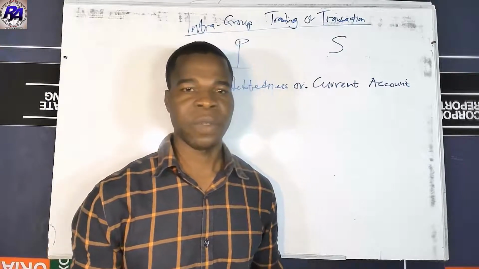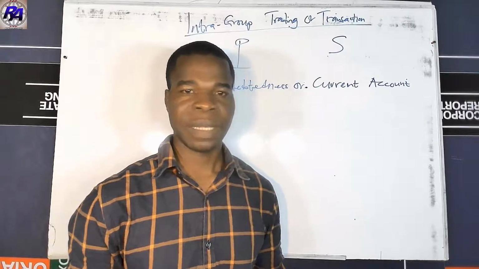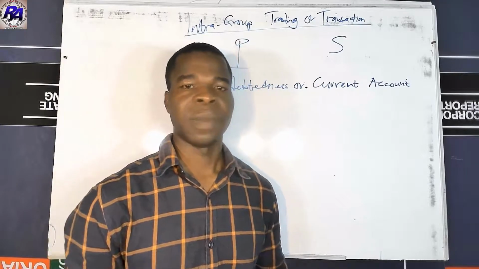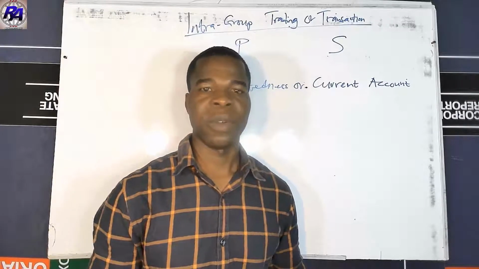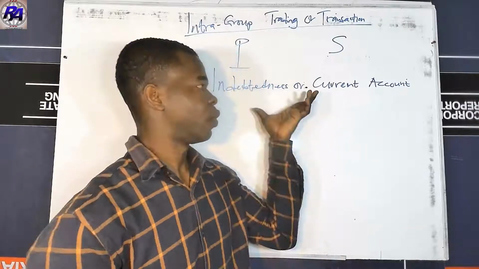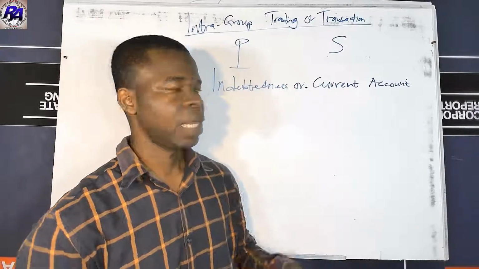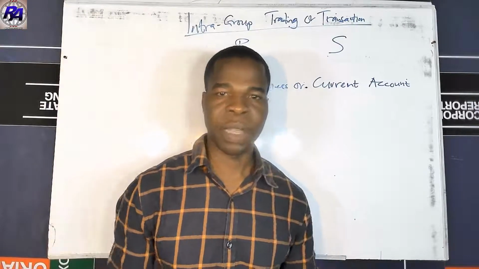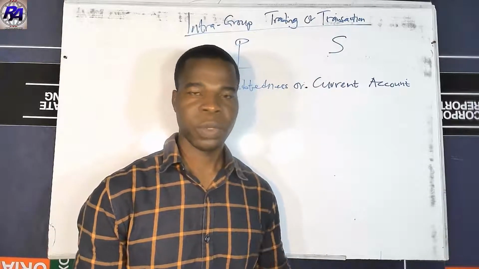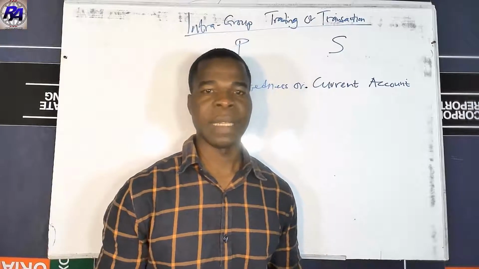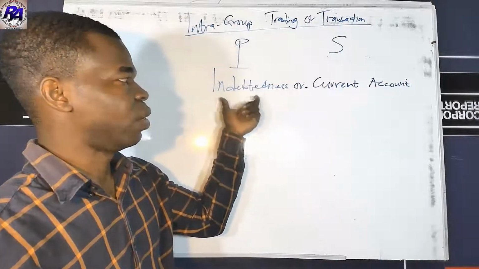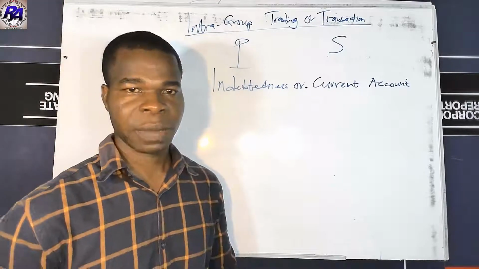Also we have trading of non-current assets among group entities, which gives rise to overcharged depreciation as well as unrealized profit on the transaction. And then we also have what we are looking at currently, which is indebtedness or current account, or sometimes where an entity will give a loan to another entity in the same group. We'll take our time and look at all of them and see how their treatment is supposed to be. First, let's focus on how to deal with indebtedness or current account.